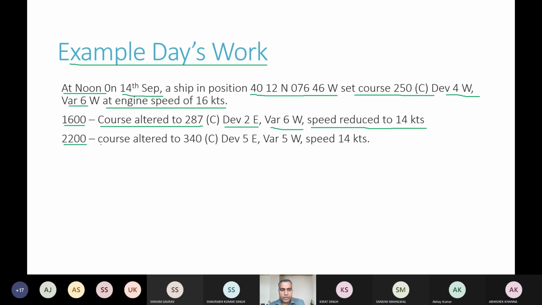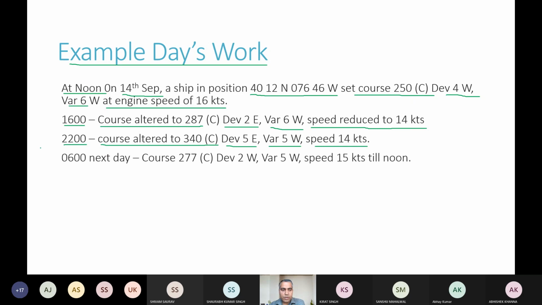So at 2200, the course is now altered to 340 compass. The deviation is 5 degrees east, variation is 5 degrees west, and the speed is maintained at 14 knots. This continues to 0600 on the next day.